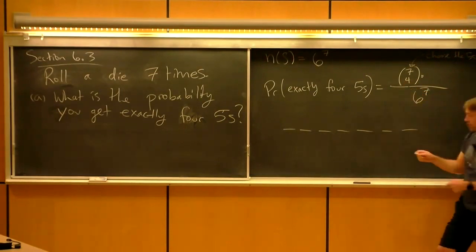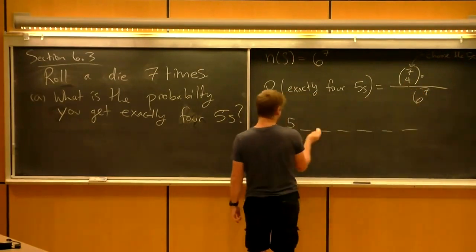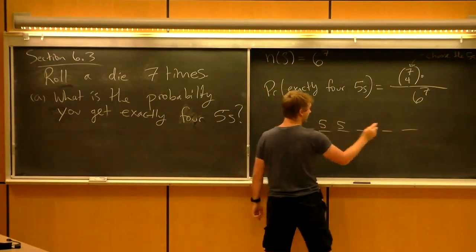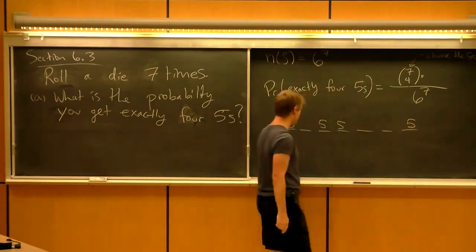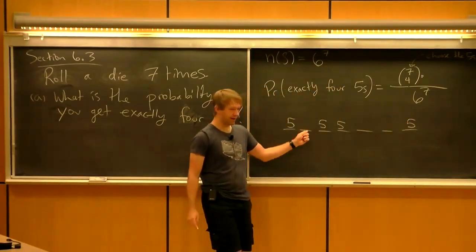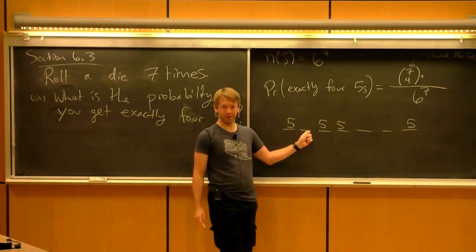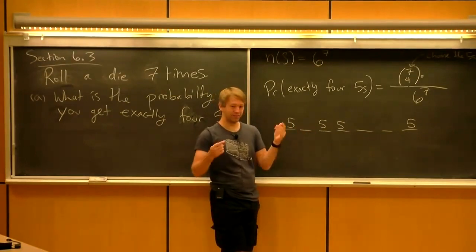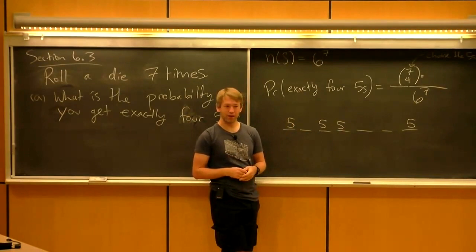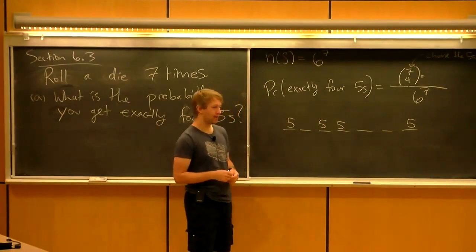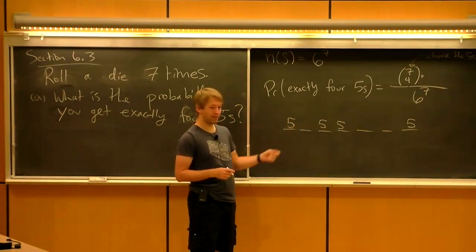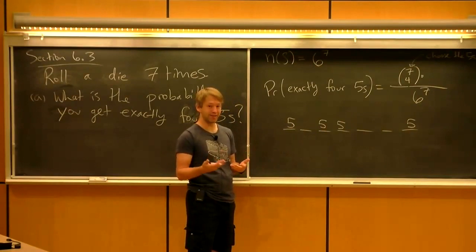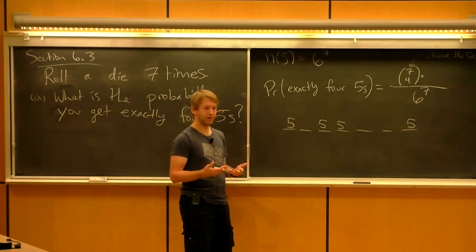And now you need to think about, suppose I choose the 5s to be here, here, here, and here. How many choices are there now for this roll? It's really tempting to write 6 because it could be 6 different things, but it can't really be a 5, because if it was a 5, then I've got another 5, and you're supposed to have exactly 4 of them, right?